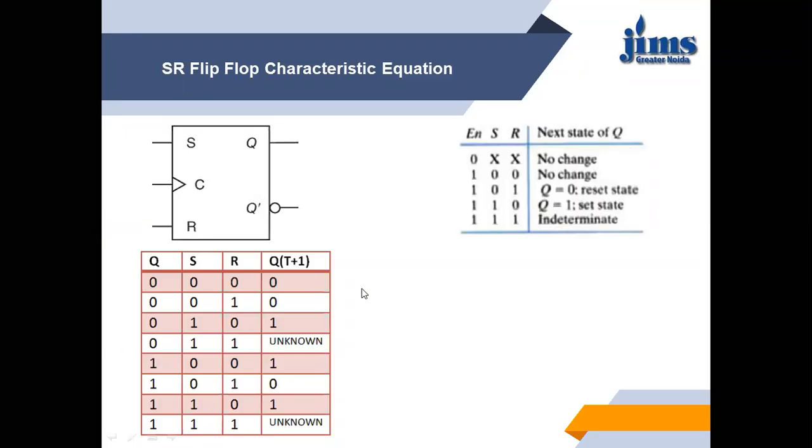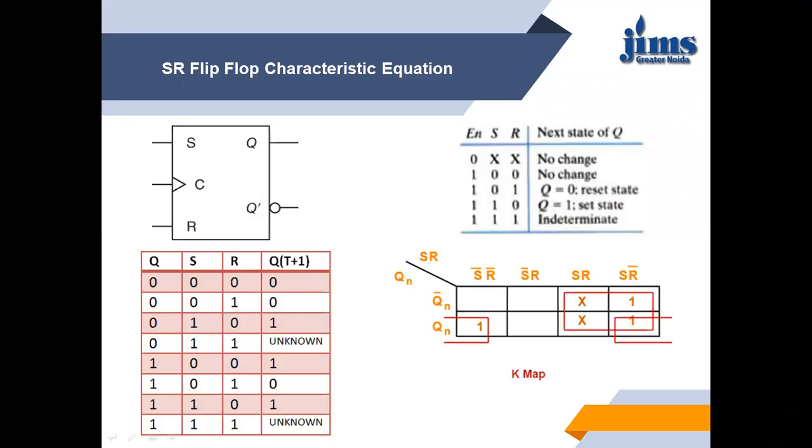So here we draw a map for the output. We have Qn and SR as the three inputs, and I have plotted these undetermined conditions denoted as don't care X. So here one is a quad and one is a pair.